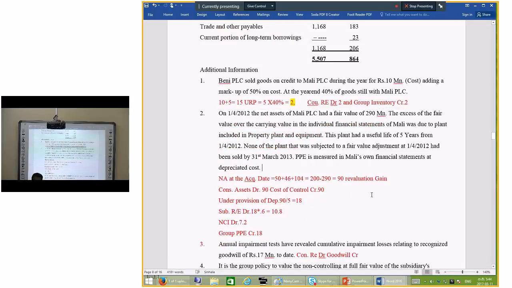Look at the second adjustment. Fair value excess.